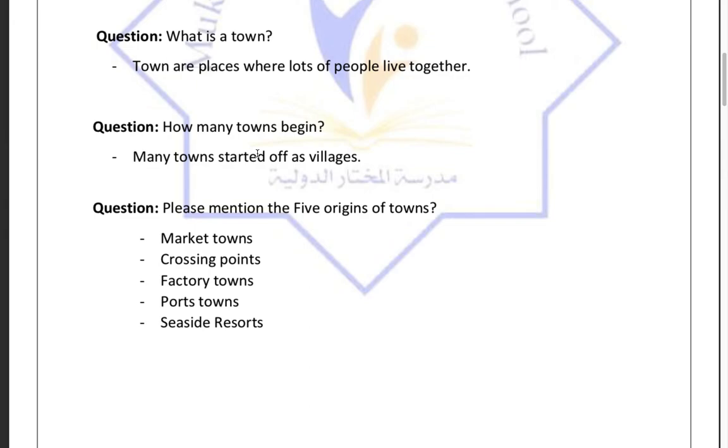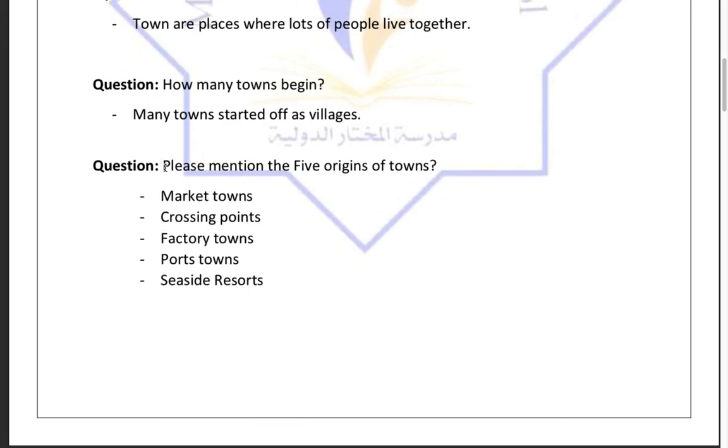So many towns already were villages, then they were getting larger and larger. They were getting larger and larger until they became big or large towns. So how do many towns begin? You can say that many towns started off as villages.